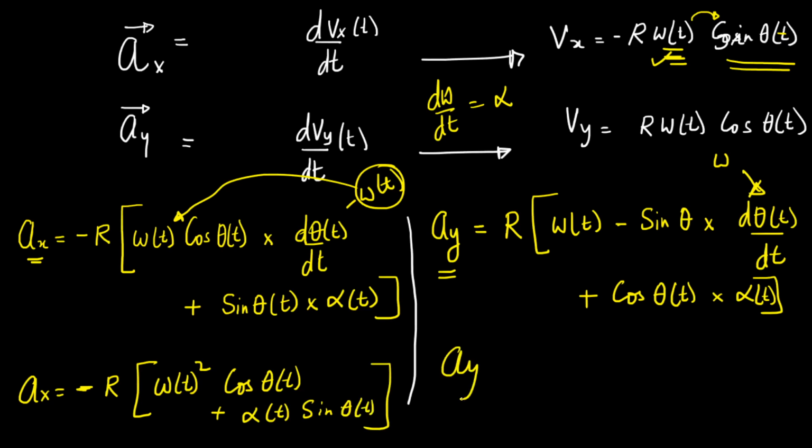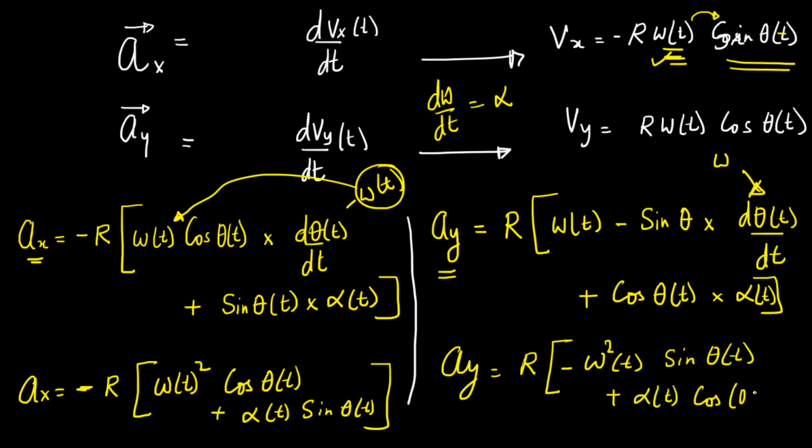And this one will be written as r times minus omega square, omega t square sine theta t, plus alpha times cos of theta t.